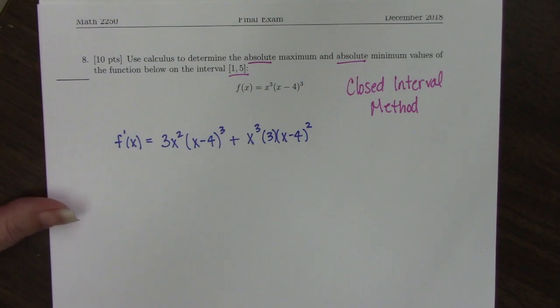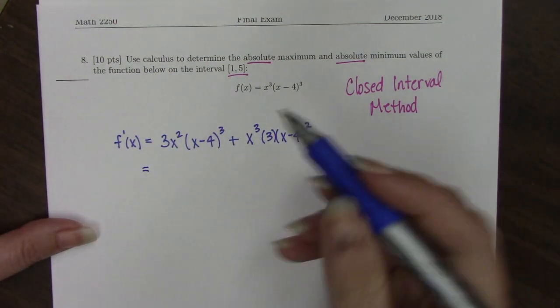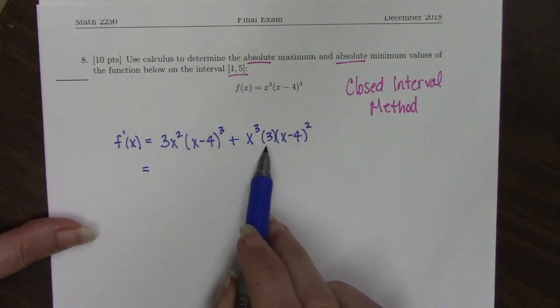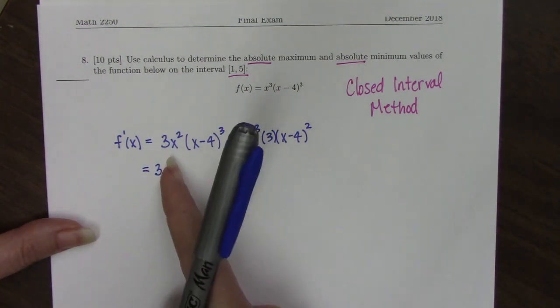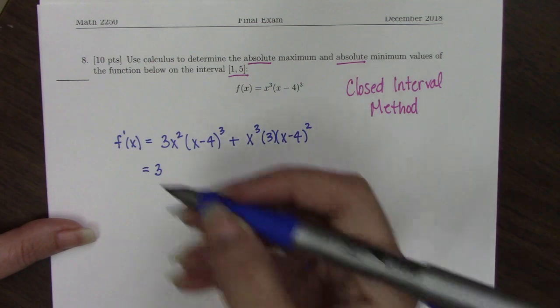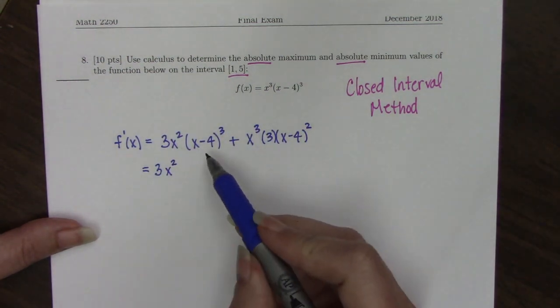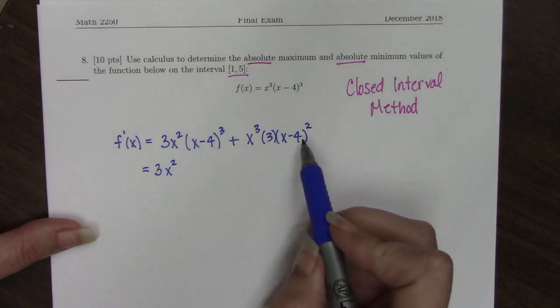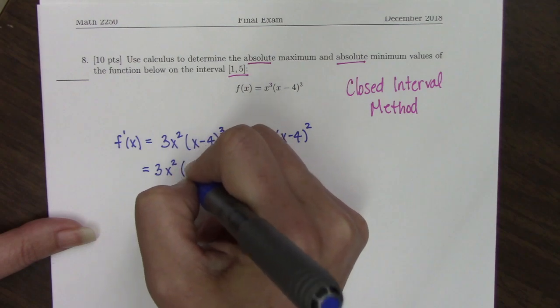But in order to do that, I'm going to clean it up a little bit. So I'm going to factor. I have a 3 in both terms, so I'm going to pull a 3 out front. I have an x squared and an x cubed, so I can remove an x squared. I also have an x minus 4 cubed and an x minus 4 squared, so they both have an x minus 4 squared, so I can pull that out front.